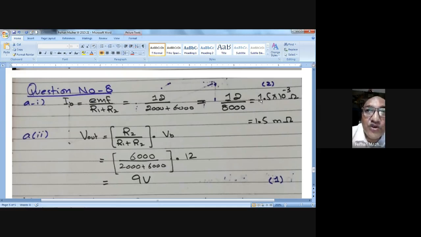So due to this 10 raised to power minus 3, I will say 1.5 milliamps. Correct this thing. I'm sorry I made a mistake. Mistakes can be made by a human. So the answer is 1.5 milliamp. Small m, and capital A.